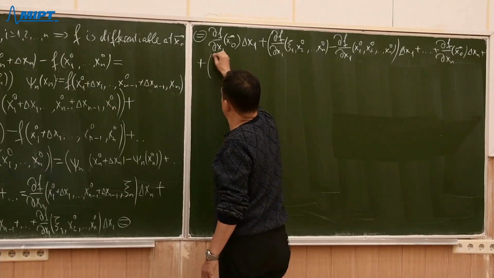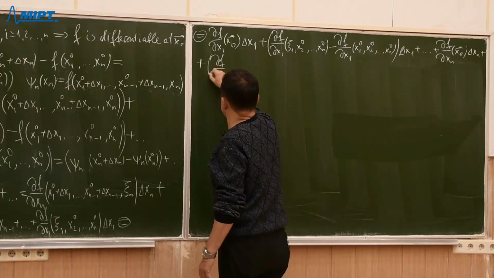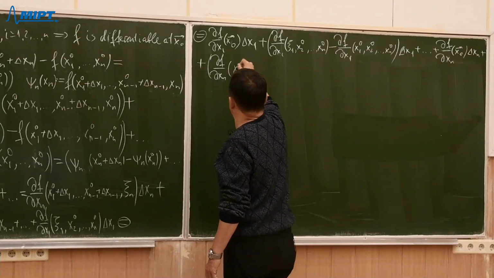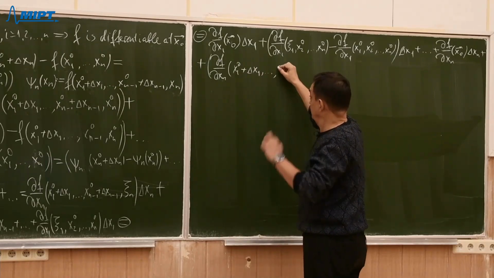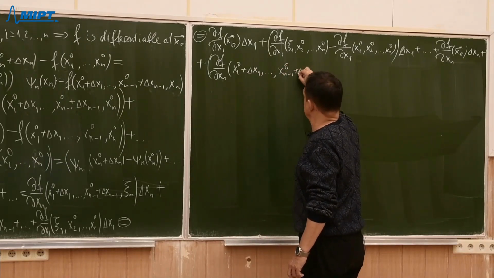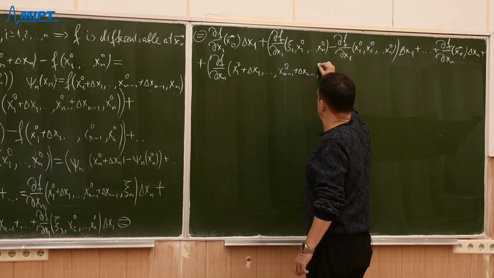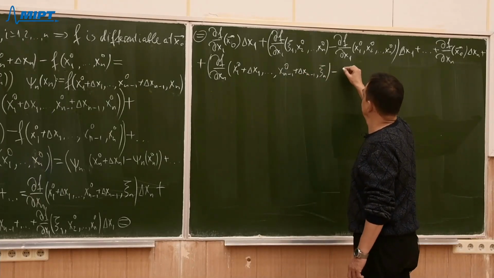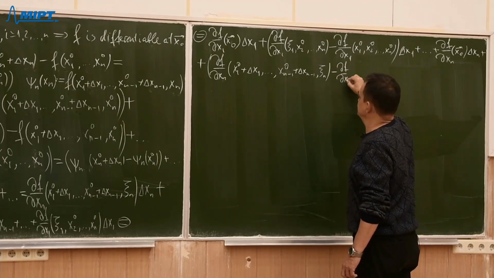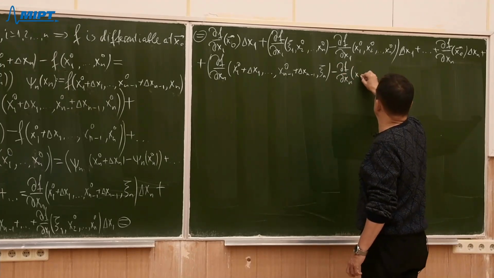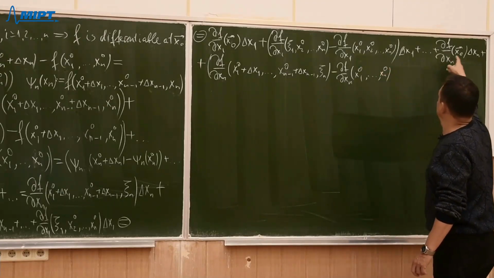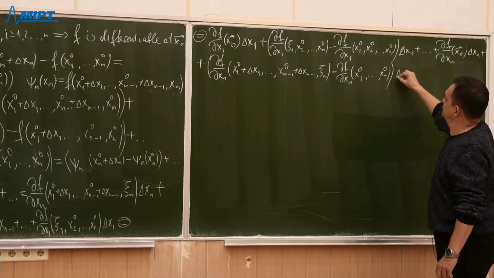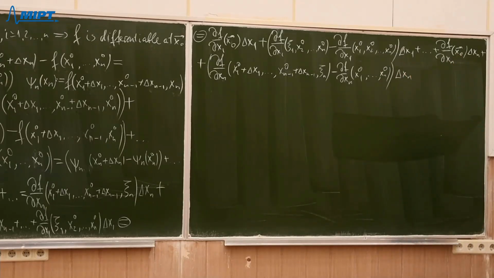So that is partial derivative of f with respect to xn at a point x1 naught plus delta x1, so on, up to xn minus 1 naught plus delta xn minus 1 psi n minus partial derivative of f with respect to xn. Once again, let me write in coordinates, like here. X naught, I prefer to write in coordinates here. Yeah. That is how we transformed our difference.